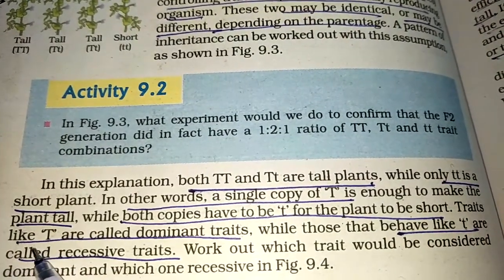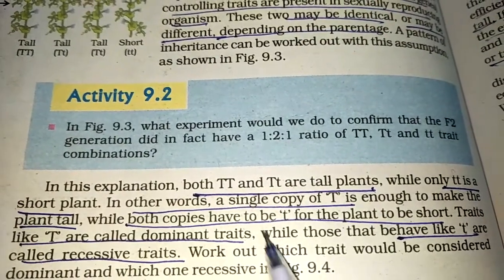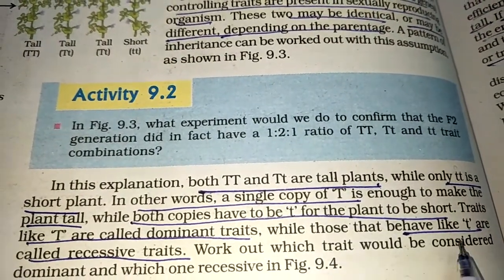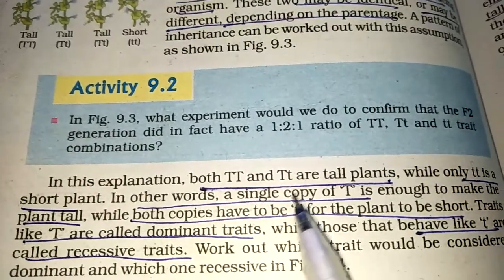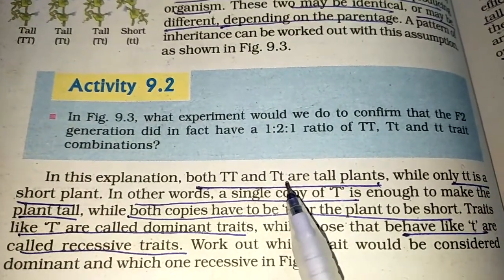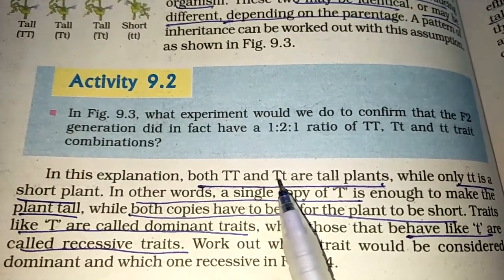The T, of which only one can make the plant tall, is known as dominant, but you need 2 small t's to make a short plant, which is known as a recessive trait. Recessive means even if it is present, it is not expressed. Dominant means even if only one is there, it will be expressed.